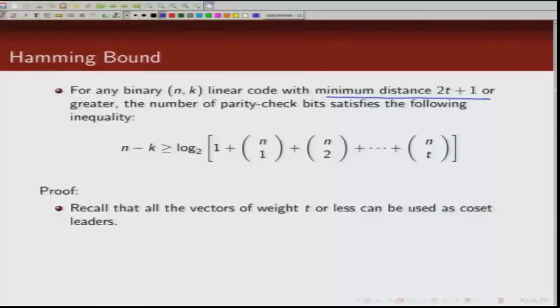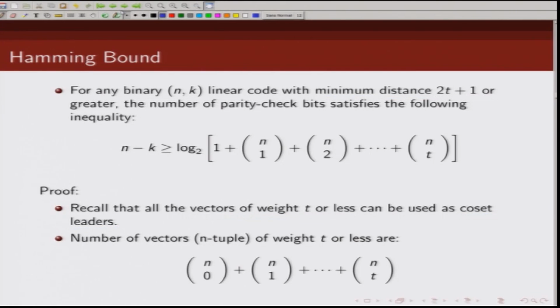So, all error patterns of weight t or less can be used as coset leaders.